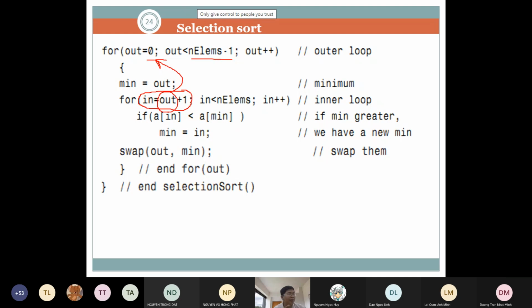I say that if we start from 0, we cannot sort the array anymore.